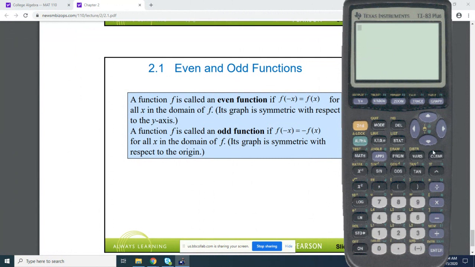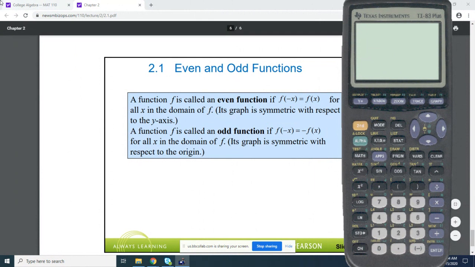Actually, we're going to graph a linear, quadratic, cubic, square root, and absolute value function. And then we're going to talk about even and odd.